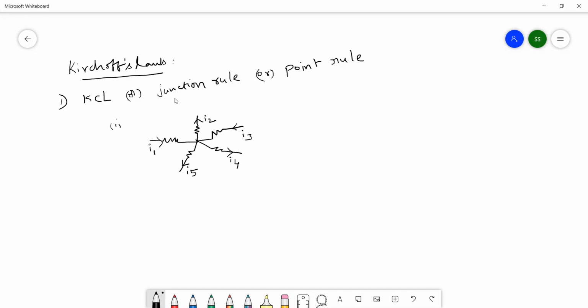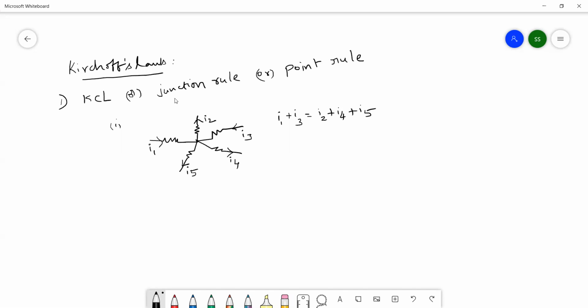Can anyone give me the equation now? The currents which are entering at this junction point: I1 plus I3 is equal to I2 plus I4 plus I5.